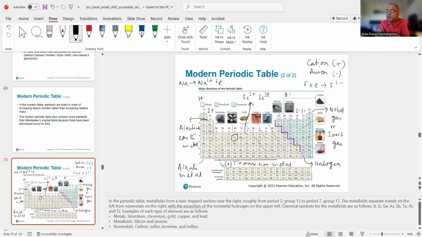So this information is very important in your next chapter, chapter 3, when we will be talking about compounds. So as I said, chemistry is the science of exceptions.